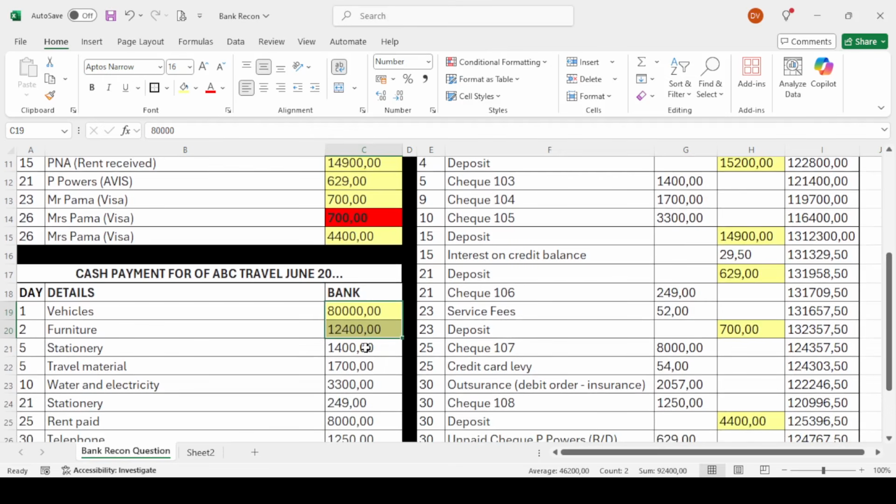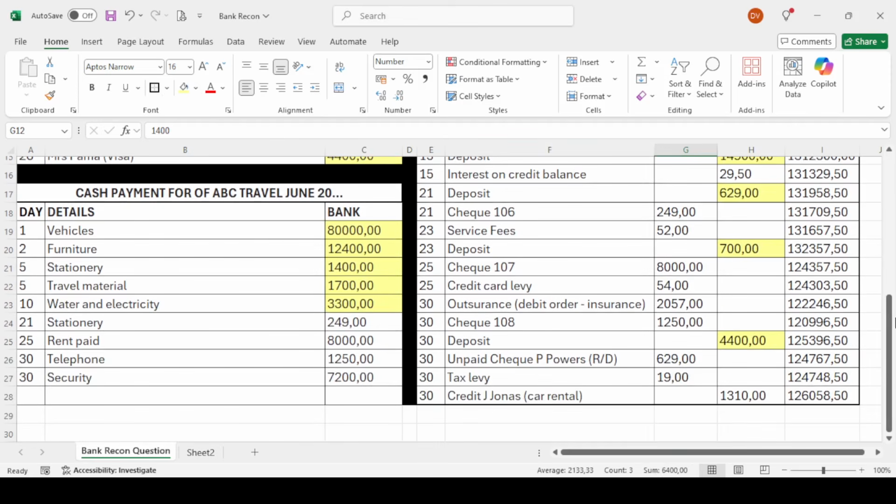Do you see 1,400? Yes. We also see the 1,700. And we also see the 3,300. You tick them off on both sides. They are done. We're not going to do anything with these amounts. Do you see 249 Rand? Yes, we do.